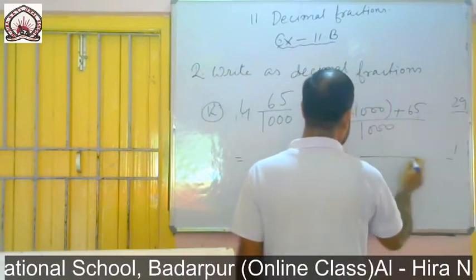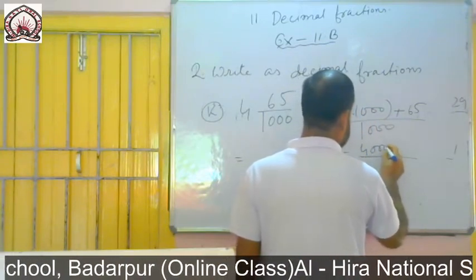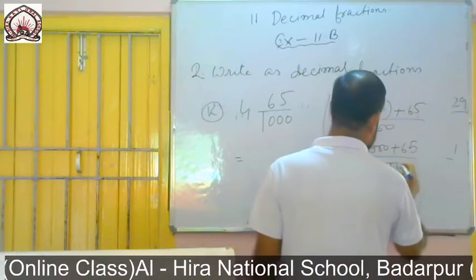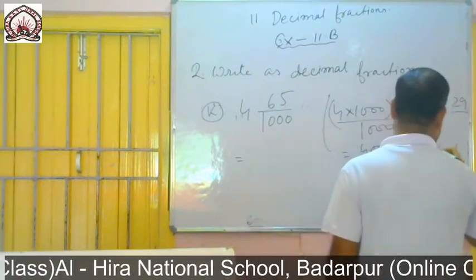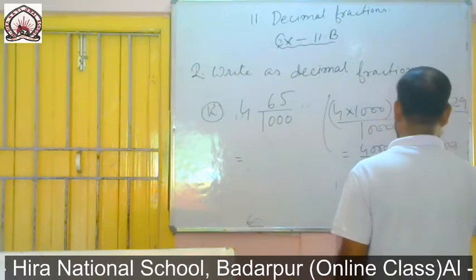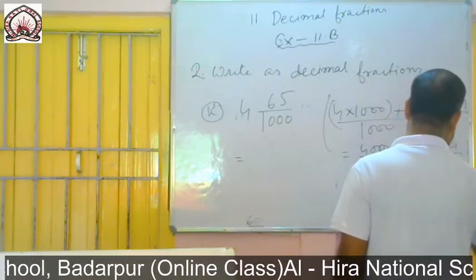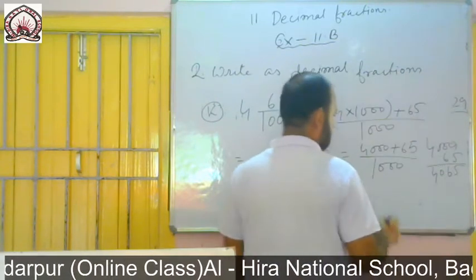So 4 into 1000 equals 4000, plus 65 equals 4065.